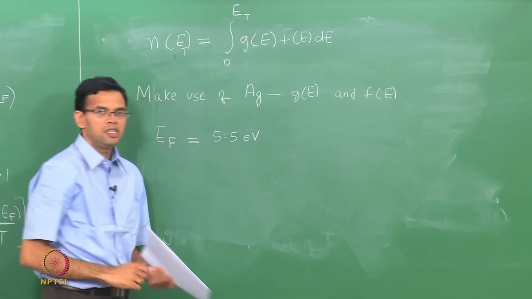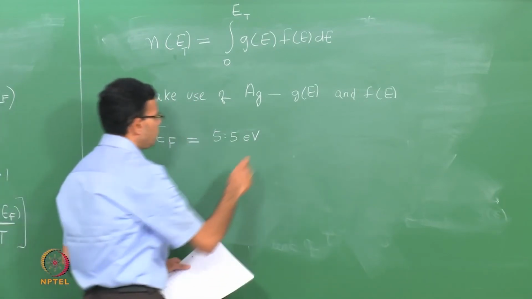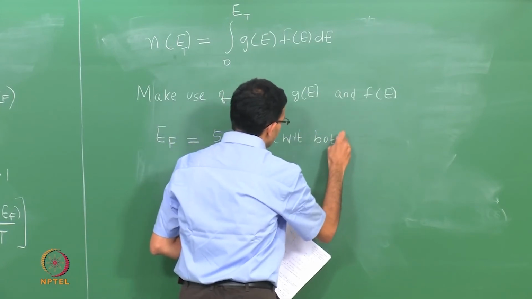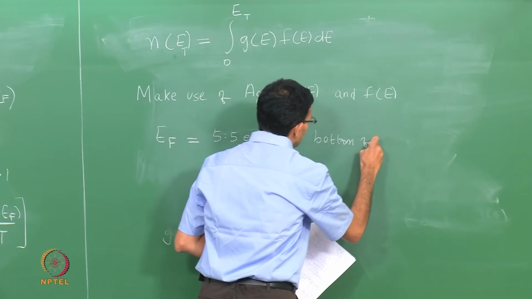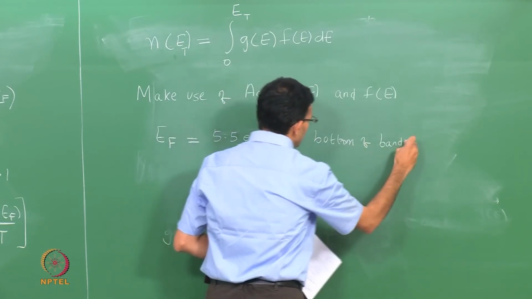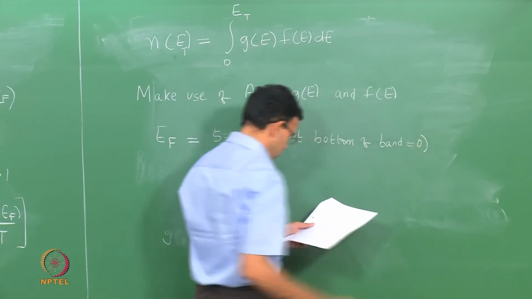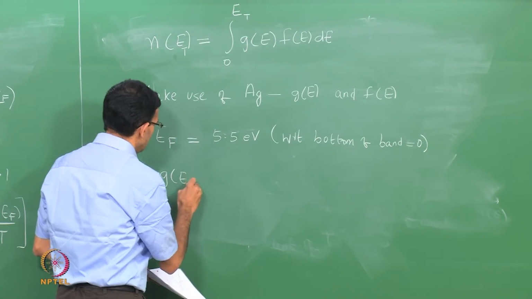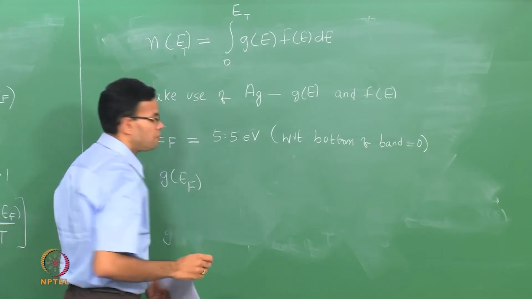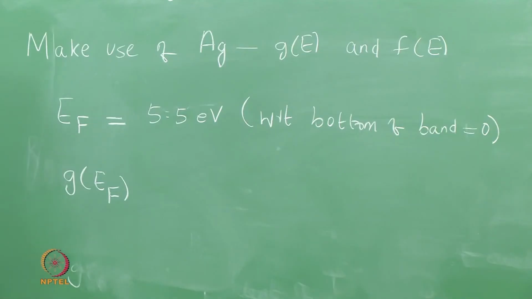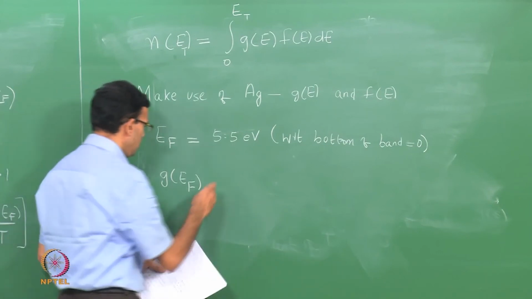This Fermi energy is with reference to the bottom of the band. So, the bottom is taken as 0. If you want to find the density of states at the Fermi energy, we will make use of the expression that we derived earlier for a solid with a uniform potential.